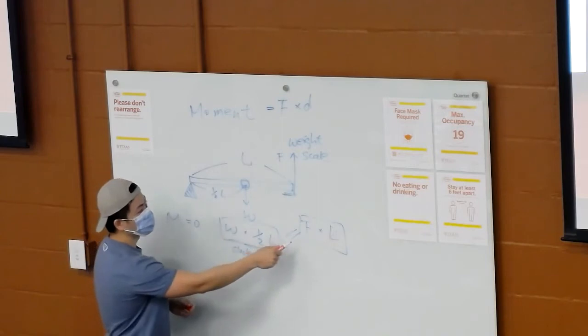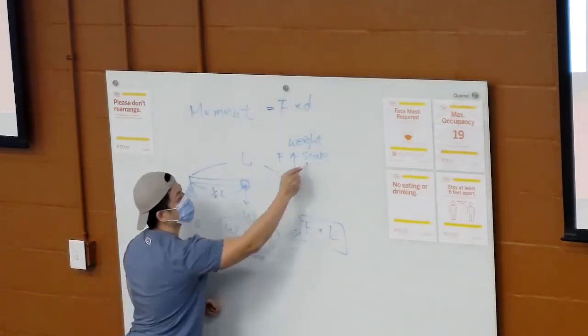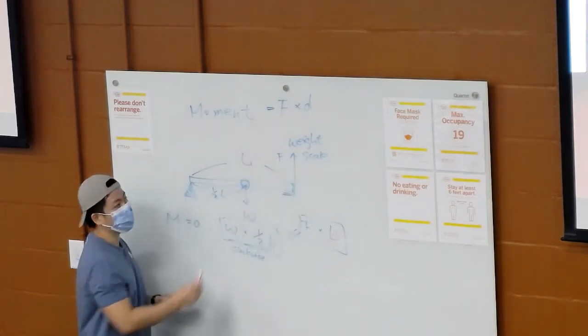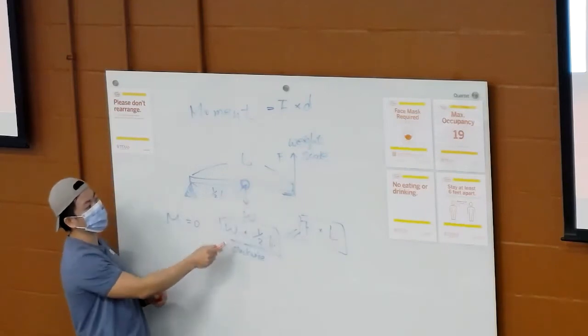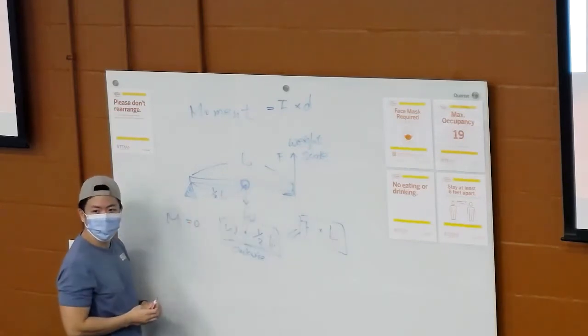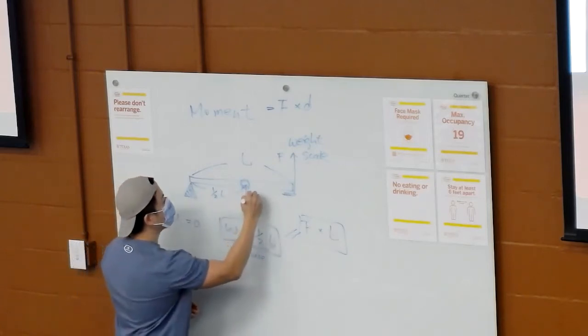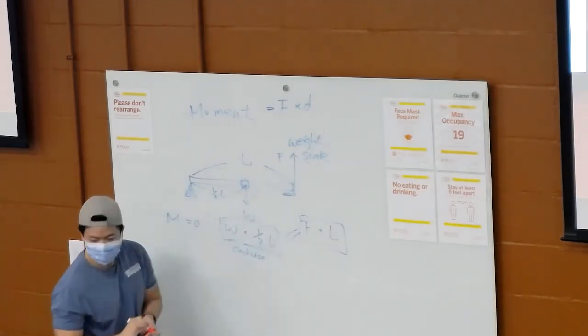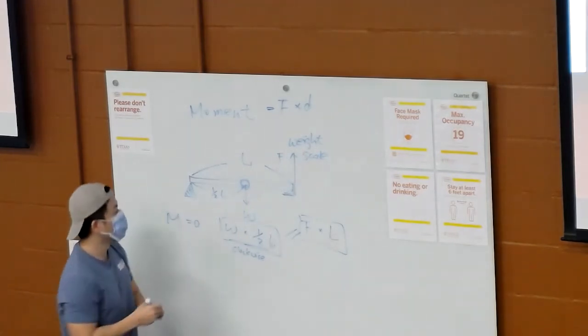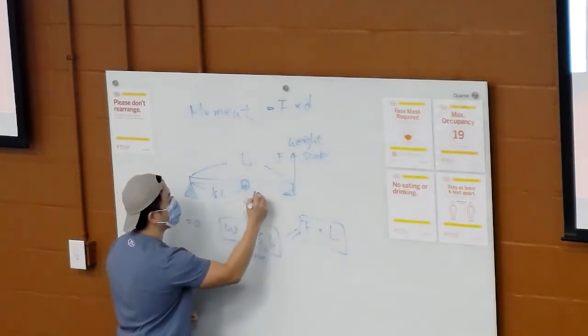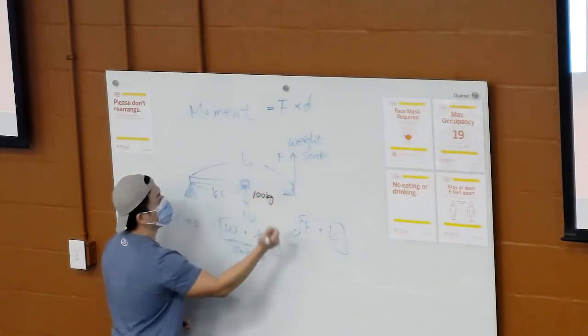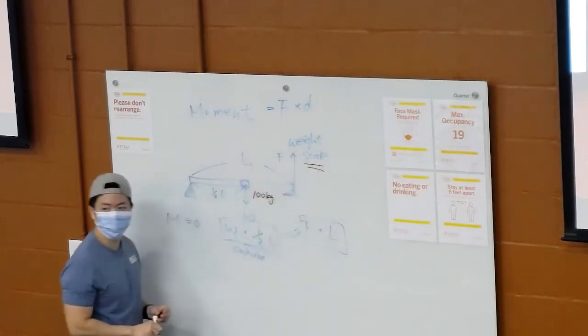What is F? F is the weight scale reading, and the weight scale reading would be half of the mass of the board. Make sense? So if the board weighs 100 kilograms, what will be the force reading here?